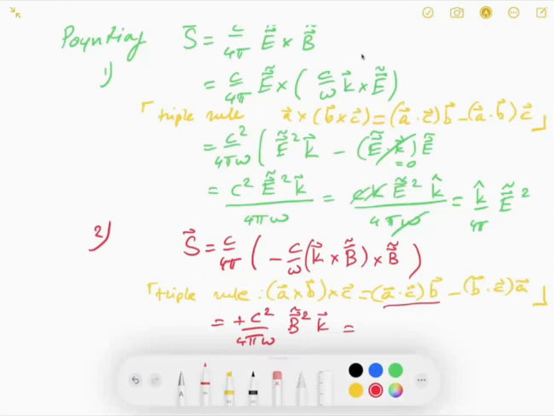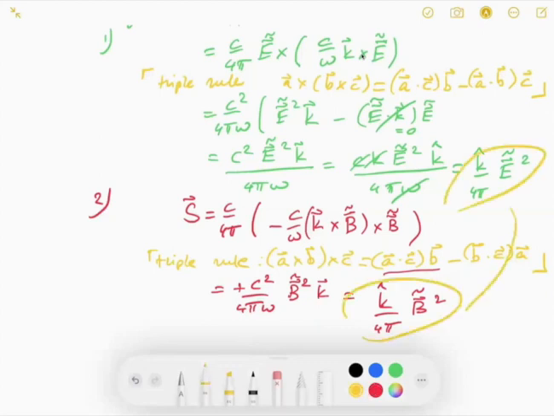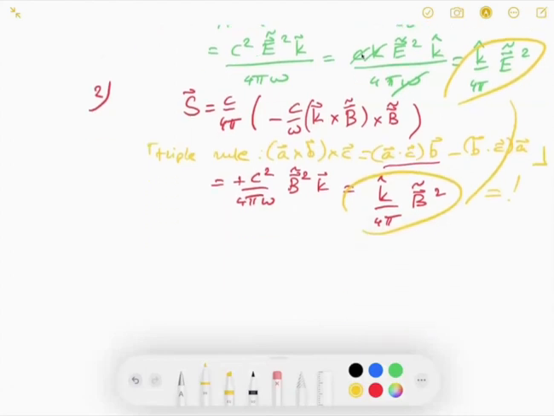And now we see that we have an identical expression to the one we had before. So we have our K vector over 4 pi, and then B squared. So that's pretty cool. So this thing and this thing, they are the same. So the electric field component and the magnetic field component carry the exact same amount of energy.